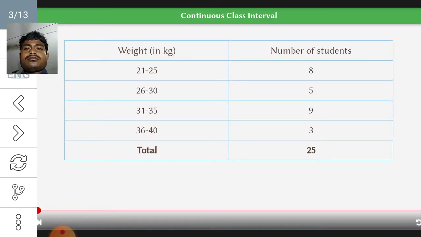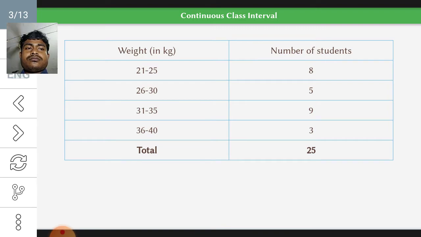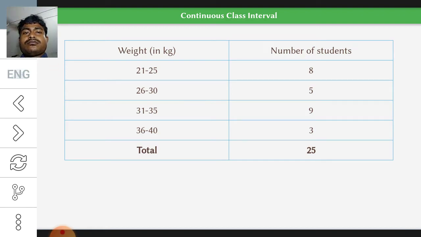If you notice, for the given grouped frequency table, there is no class to record the value 25.5. To ensure that all possible values in the range can be recorded, we must modify the class interval to make the classes continuous.